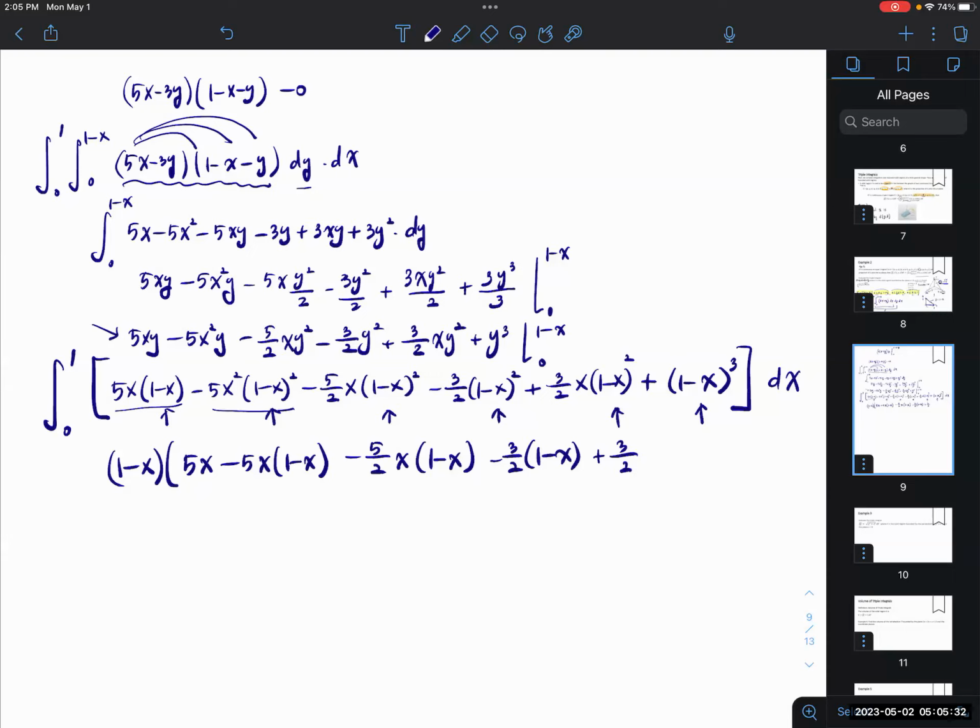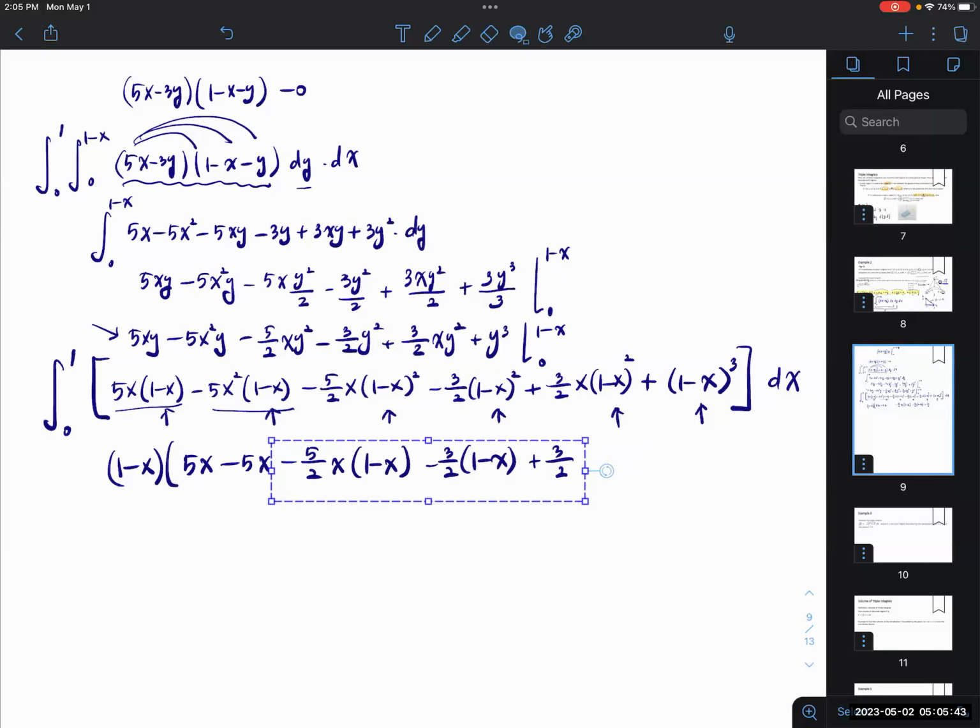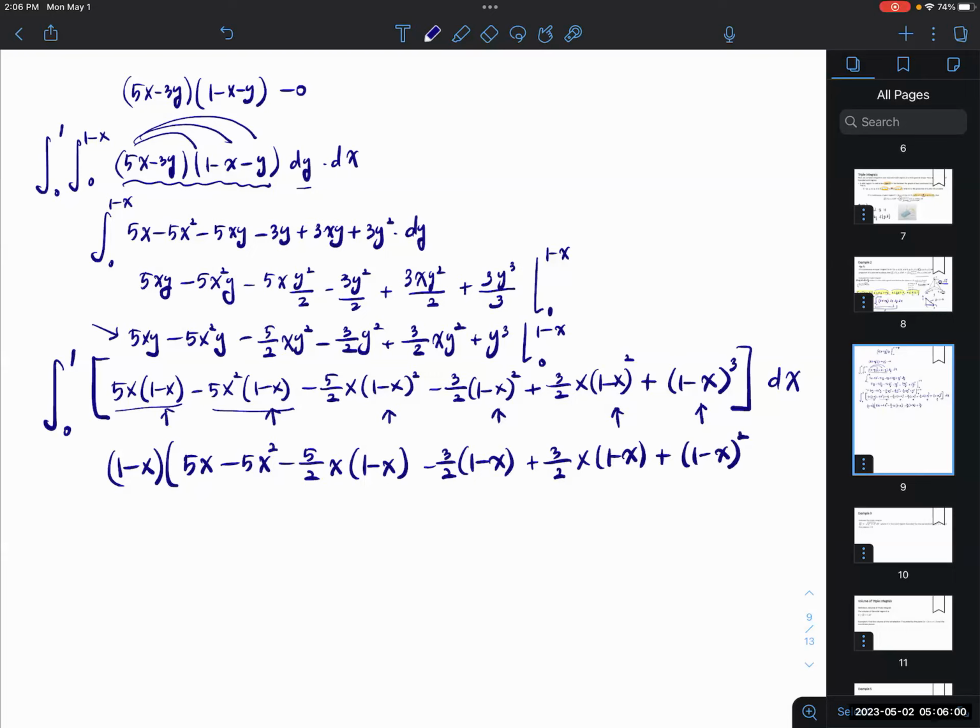Yes, we don't have a second power. You're right. So let me get rid of this one. So that is what happened, correct? And then we have a second power here. Better? Yeah, I think so. So I just made a little mistake. It was just y, so 1 minus x, and then x times 1 minus x, and 1 minus x to the second. Woohoo, all right.